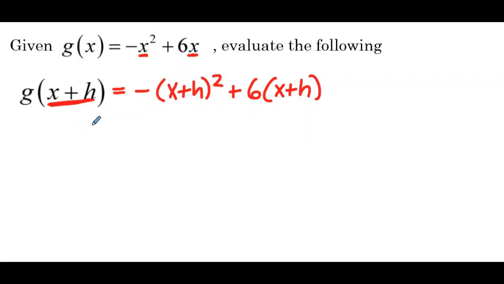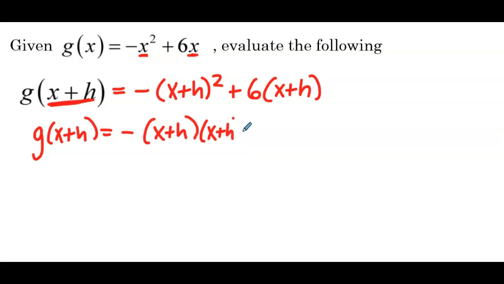Now we have x plus h squared, so g of x plus h is equal to the negation of x plus h times x plus h, plus 6 times x plus h.